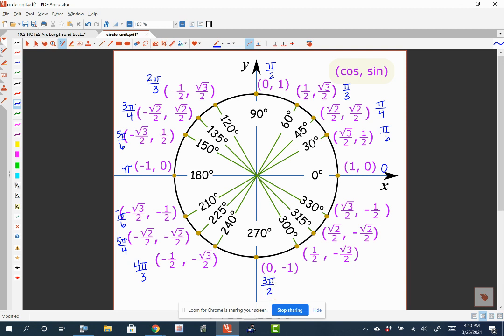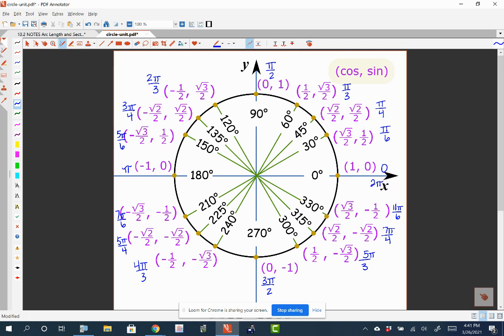At 300, we get 5 pi over 3. 315 is 7 pi over 4. And then at 330 is 11 pi over 6. And then when we get full circle back to 360, it would just be 2 pi.